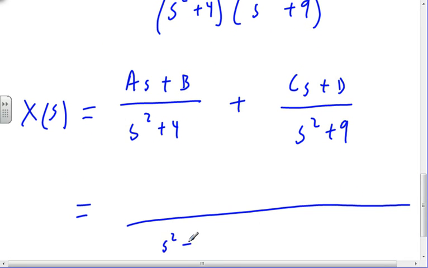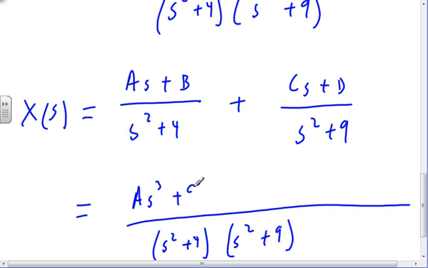S squared plus 4, s squared plus 9, and let's see, I got As cubed plus 9As plus Bs squared plus 9B, and I did it again.